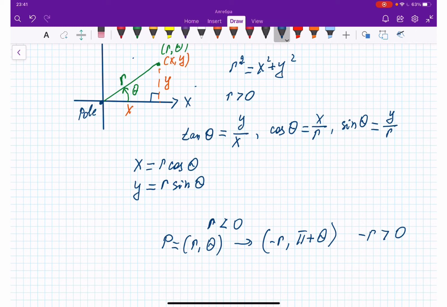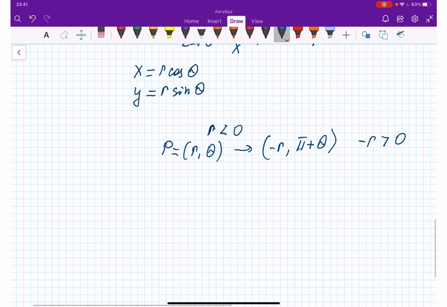And since cosine of pi plus theta is equal to negative cosine theta, right? It's because cosine is an even function, correct? Unlike sine, which is an odd function.